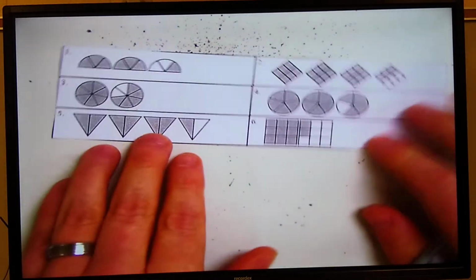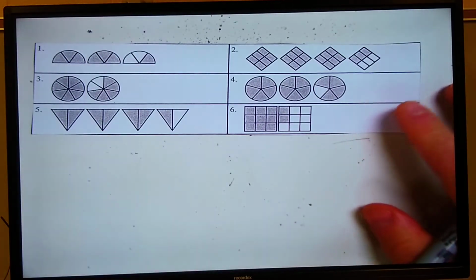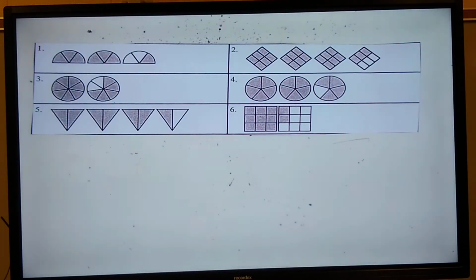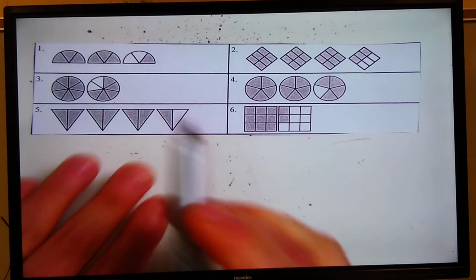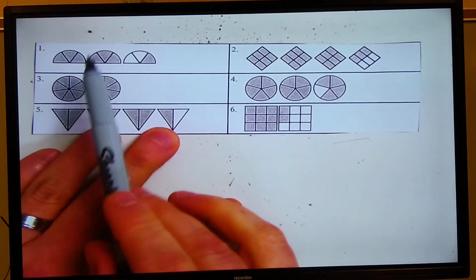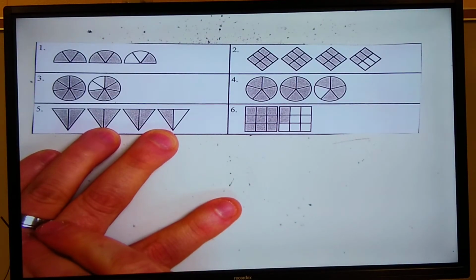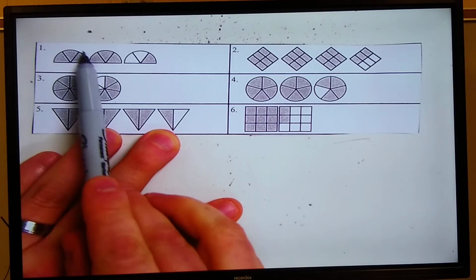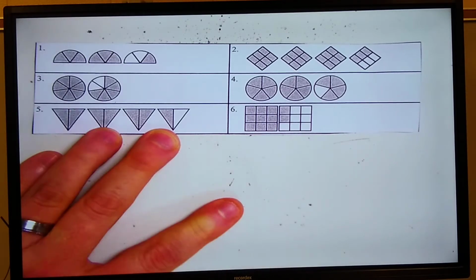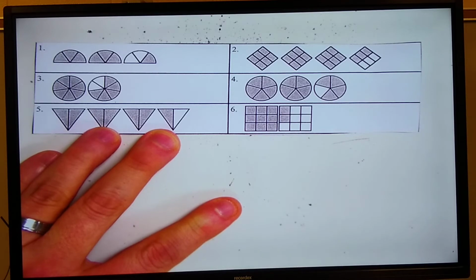Next set of problems, we've got to figure out mixed numbers. Now remember, a mixed number is a combination of whole numbers and fractions. Let's do number 1 together. First thing you got to do is count how many are completely shaded in. I've got 1 and 2 that are completely shaded in.